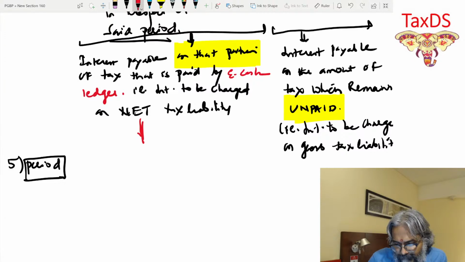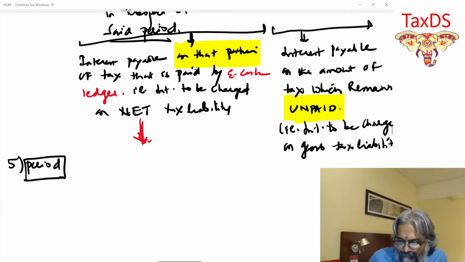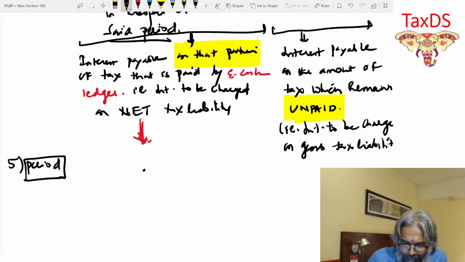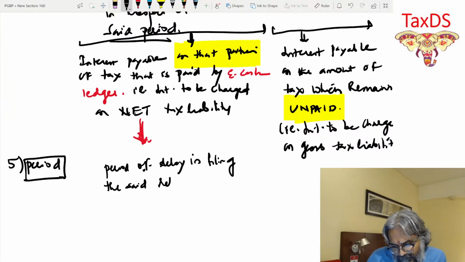The period for which the interest will be calculated would be the period of delay in filing the said return beyond the due date.